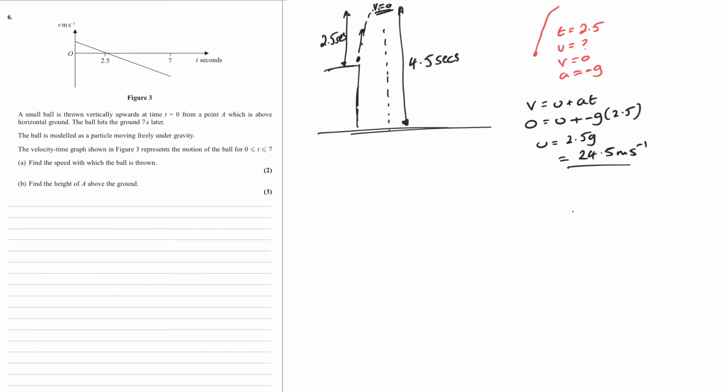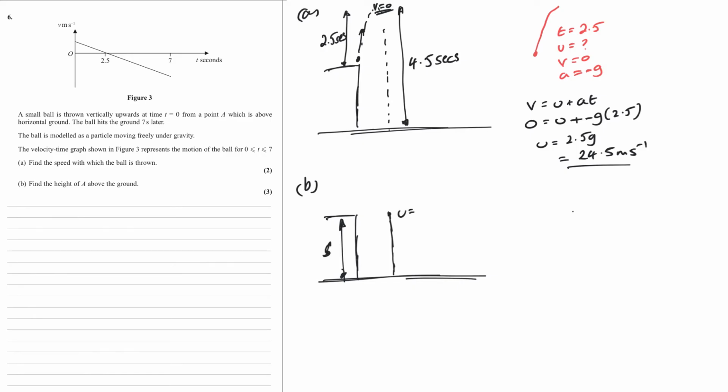Now, I think there's more than one way of doing this second part. So that was part A. What I'm thinking of is, well, we only want this distance here, don't we? So let's just look at the ball in its final part of the trajectory.